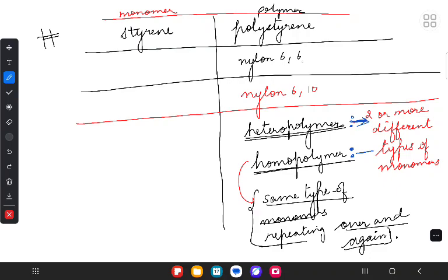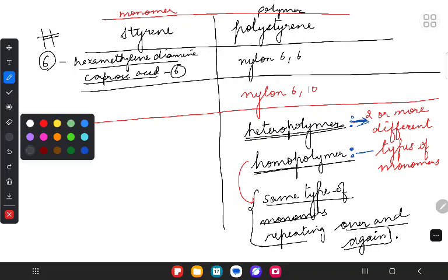But if I talk about nylon 6,6, it basically means what? It is hexamethylene diamine, and it also has caproic acid. Caproic acid has six carbons in it, and hexamethylene diamine also has six carbons in it.